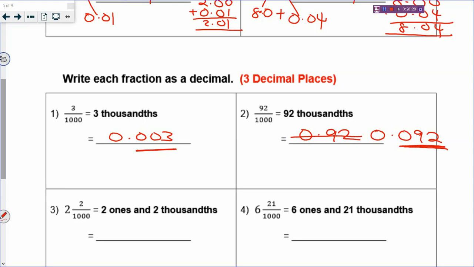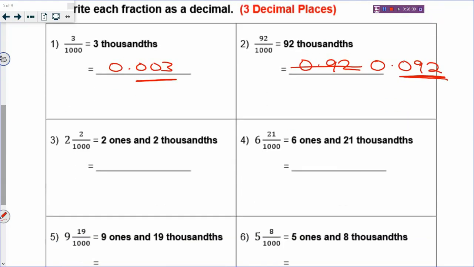Alright, how about again, back to your mixed number, and it gets even more dangerous already, because you have 2 and 2 over 1000. So if you tell me, oh, I think it's 2.02, then the answer is also wrong. If you break up, 2 wholes is 2.0. And 2 over 1000, what is the decimal?